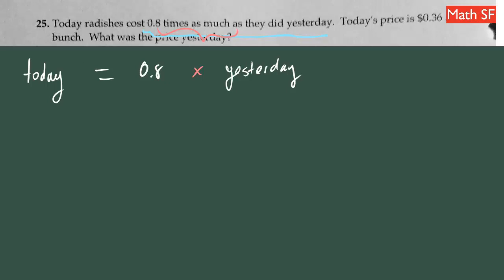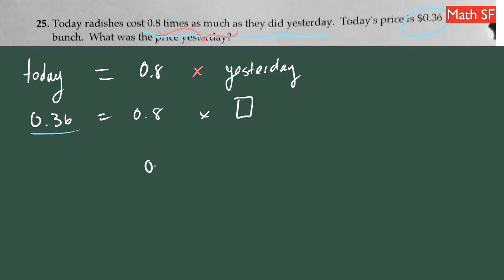So today's price, let's translate that again, is given here as 0.36. Today's price is 0.36, equal to 0.8 times yesterday. What was the price yesterday? That's what is missing. Therefore, we're missing one of the multipliers. So if we're missing one of the multipliers, we have to divide the product, which is this one, by the known multiplier 0.8.